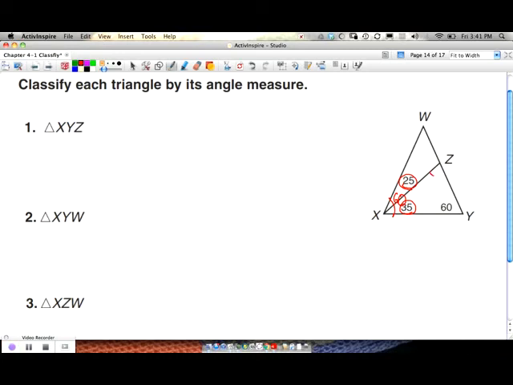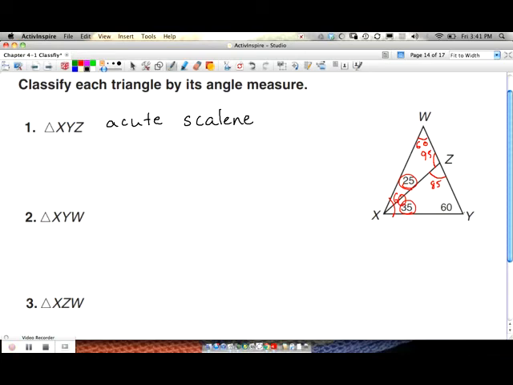So XYZ. XYZ, that means this bottom triangle, XYZ, that is acute because all the angles are less than 90, and it's scalene because they're all different. XYW, it's actually going to be equiangular because we have 3 equal angles in there.